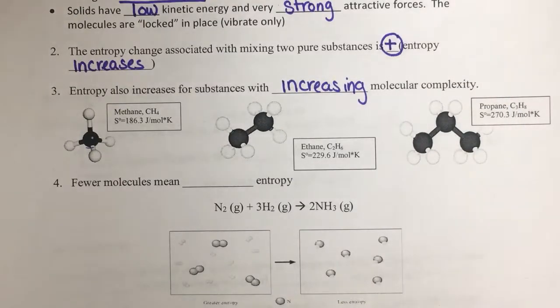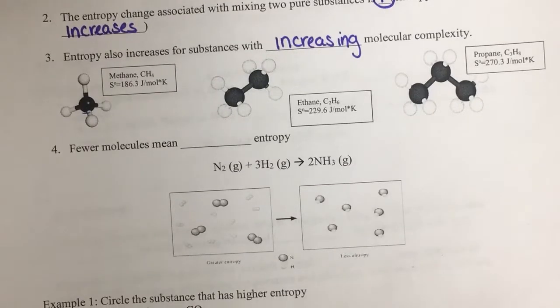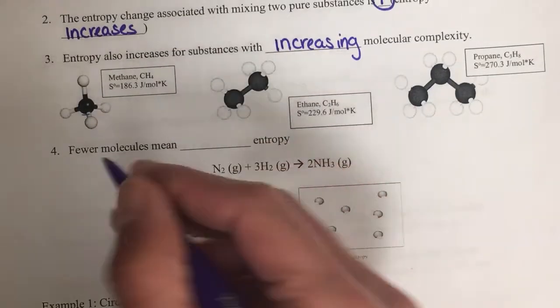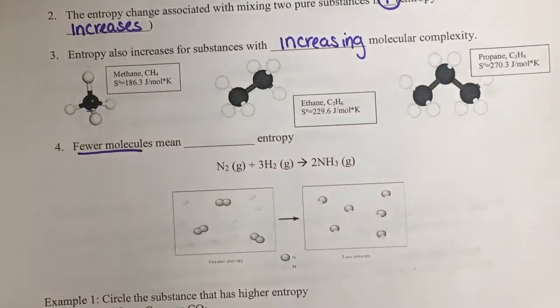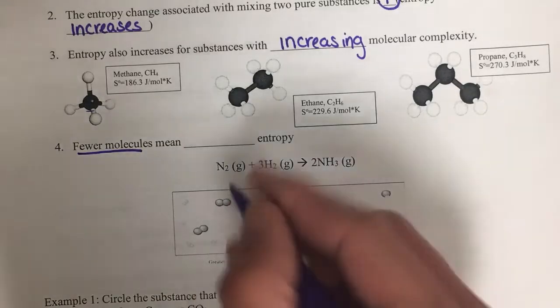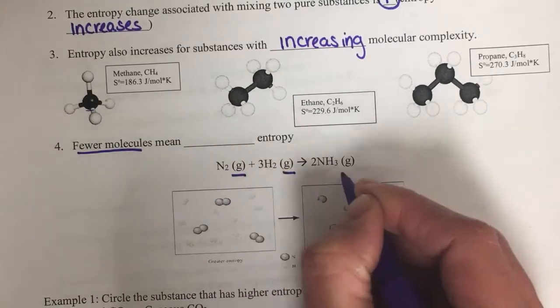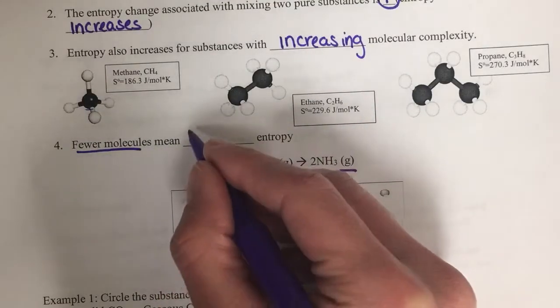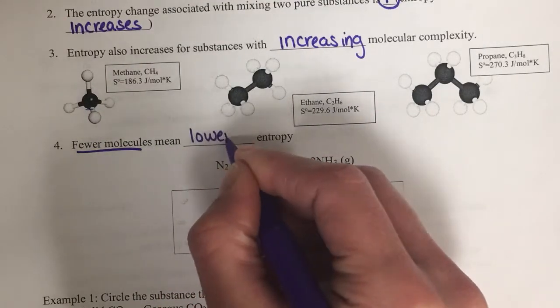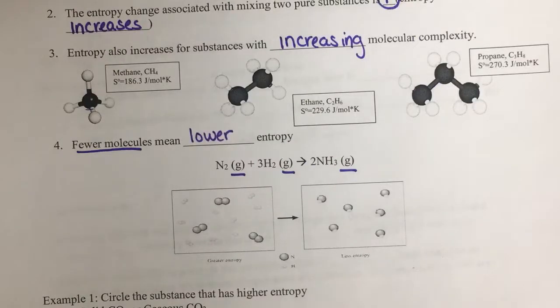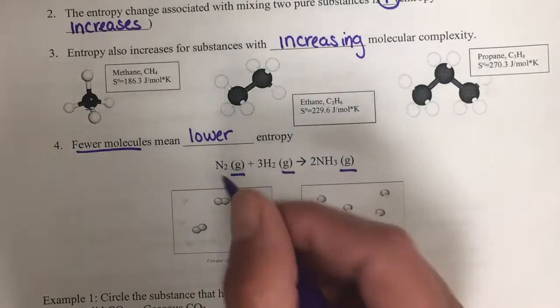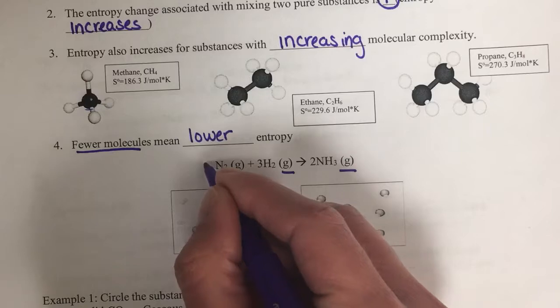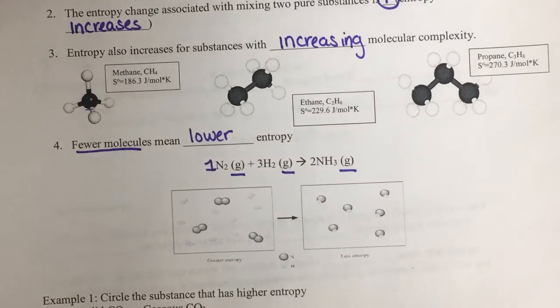Okay? The last factor that affects entropy is number of molecules. Now, this is going to be for gases. Okay? So, fewer molecules is lower entropy. Okay? So here, my nitrogen, I've got 1 molecule.